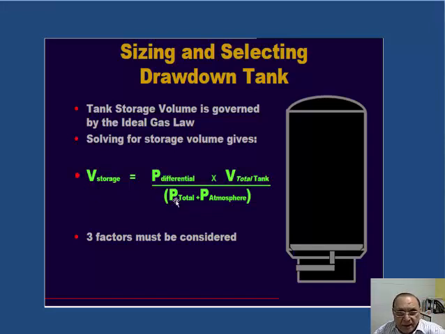Differential pressure is actually the cut-in and the cut-out pressure, and the total volume required to accommodate the differential pressure and the water storage is to be divided by P total, which is the working pressure plus the atmospheric pressure. This will give us the total size of the tank.